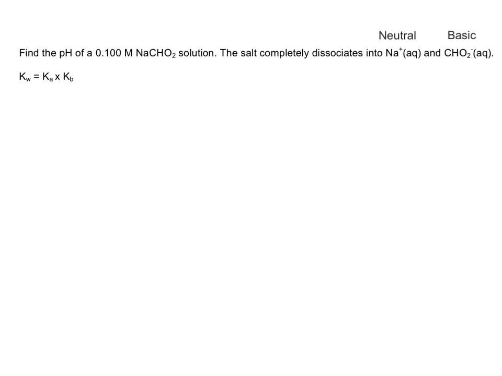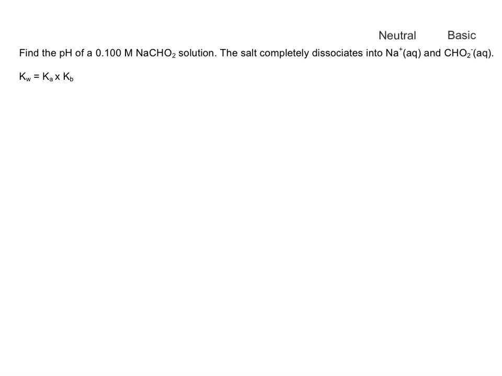Okay, so the trickiest part here, or the only new part really, is finding what Kb is for this conjugate base. We can use Kw equals Ka times Kb for any particular acid or base. So in this case, the Ka for the formic acid times the Kb for the formate ion is going to be equal to Kw.